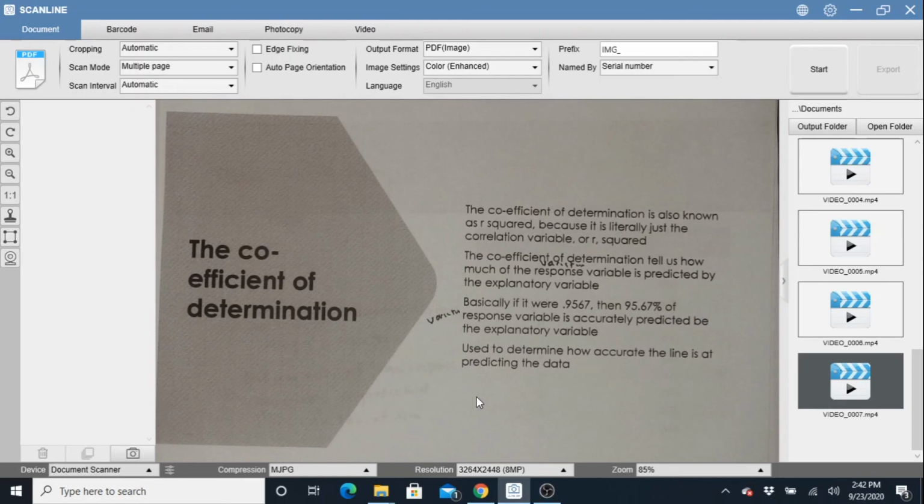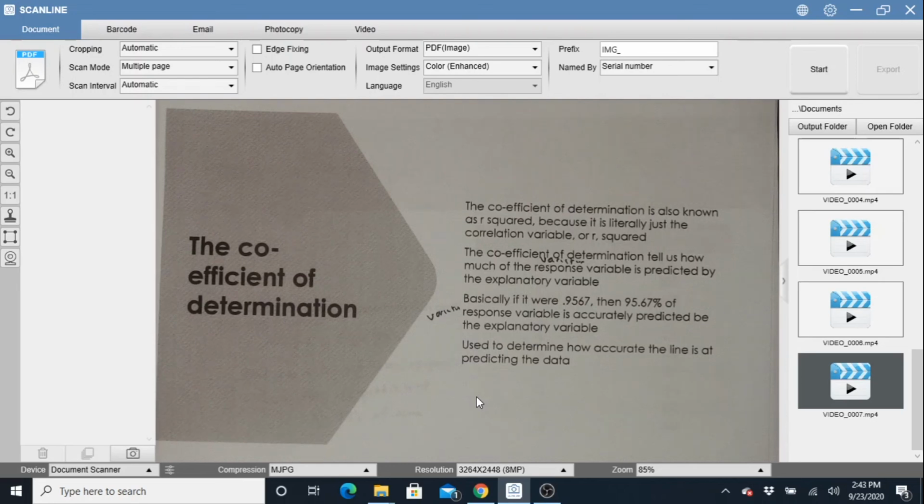It basically says how much of the variation of the response variable is predicted by the explanatory variable. So basically, if I get something like 95.67, then 95.67% of the variation of the response variable is accurately predicted by the explanatory variable. I really don't know why I didn't put the word variation; it should be in there. But this is used to determine how accurate the line is at predicting the data.